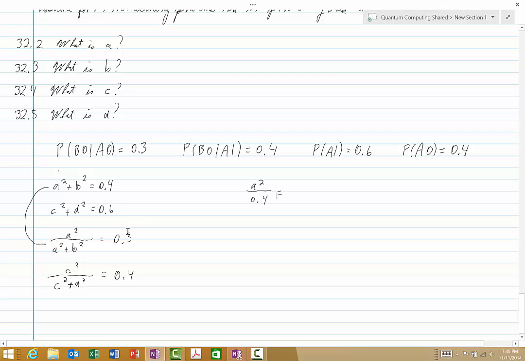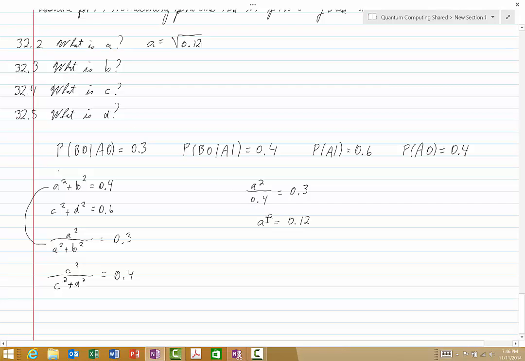And that's equal, according to this, A squared over A squared plus B squared is 0.3. And therefore A squared is equal to 0.12. And so we can write up here, A equals square root of 0.12.